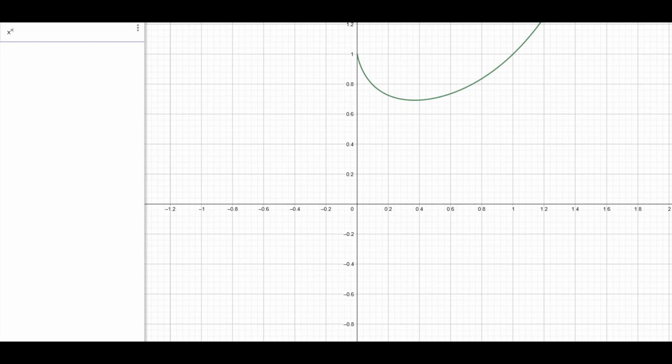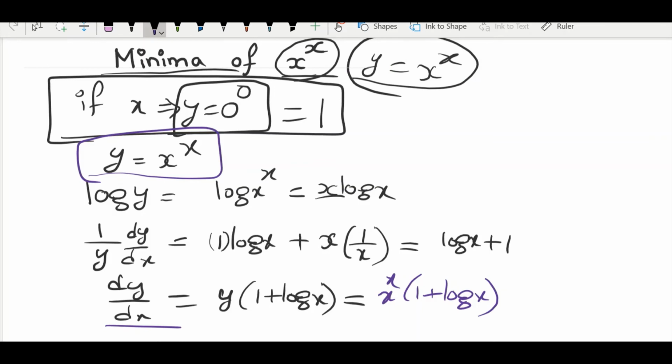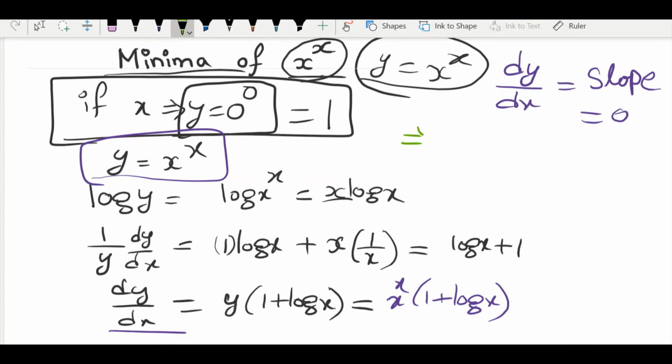The dy by dx indicates the slope of the curve. This is nothing but this slope, and the slope is becoming 0 over there. That implies dy by dx, x power x into 1 plus log x, equals to 0.